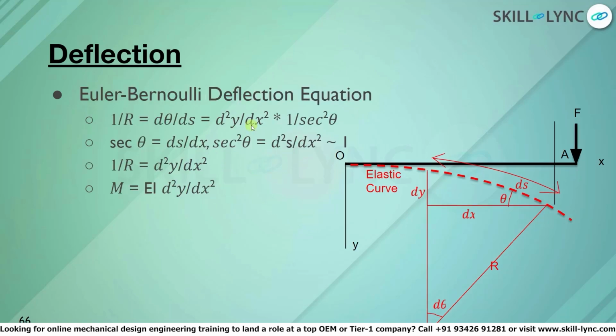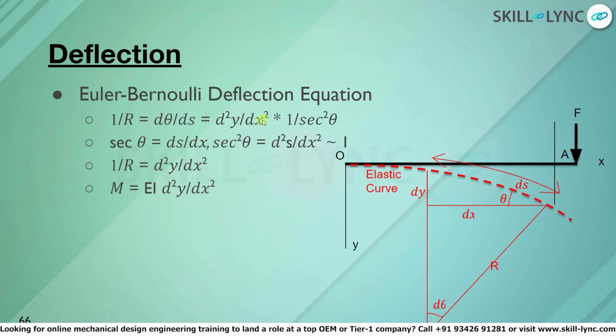So now let us calculate the Euler-Bernoulli deflection equation. From the figure, cos d theta is equal to r by ds, which is adjacent divided by opposite side. Since d theta is a negligible value, cos d theta is almost equal to 1, so 1 by r is equal to d theta divided by ds.